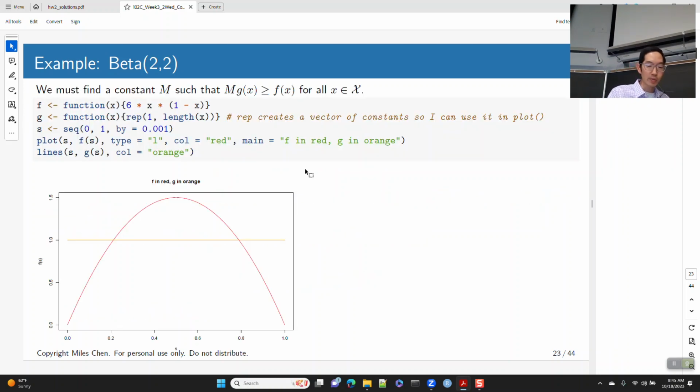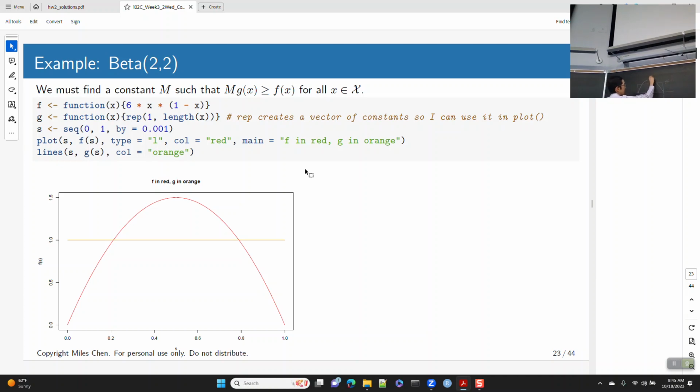And so the random uniform going from 0 to 1 also works. It has this PDF, which is going to be our g of x, just equal to 1.